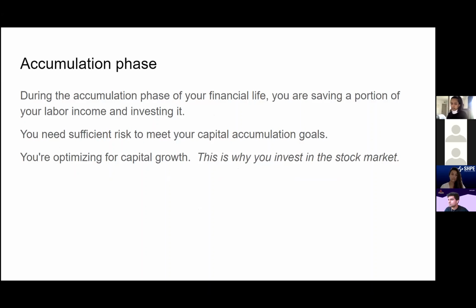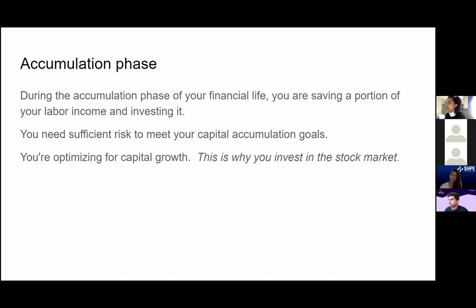So we can divide your life into two phases. There's the accumulation phase. When you're in the workforce, your goal is to save a big pot of money, about 25 times your desired retirement salary. So during the accumulation phase, you're optimizing for capital growth.